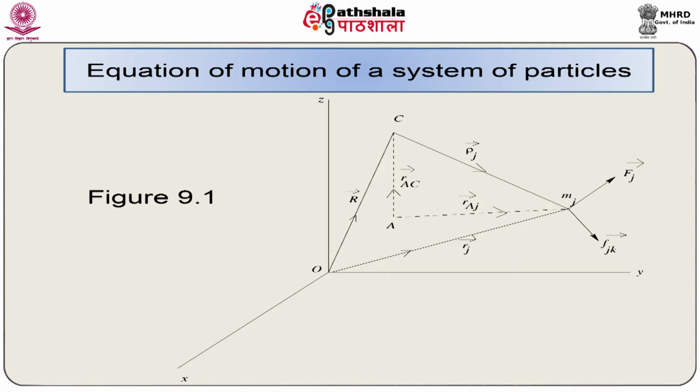Rho vector denotes the position vector of mass mj relative to an arbitrary point capital A. R vector capital AC be the position vector of C relative to capital A. Here capital AC are suffixes.